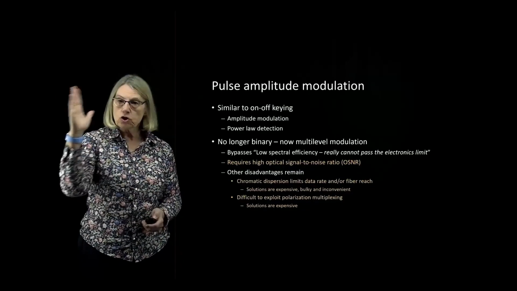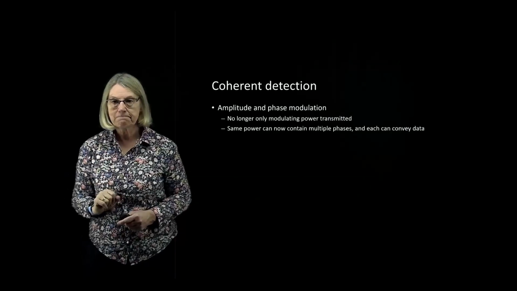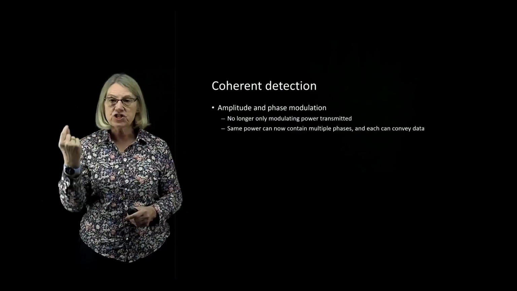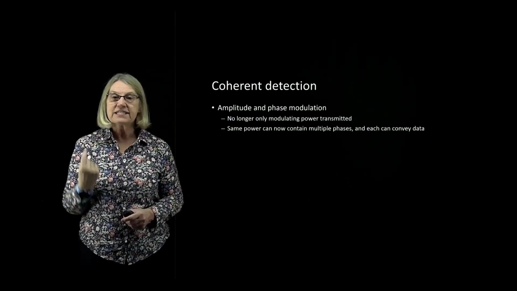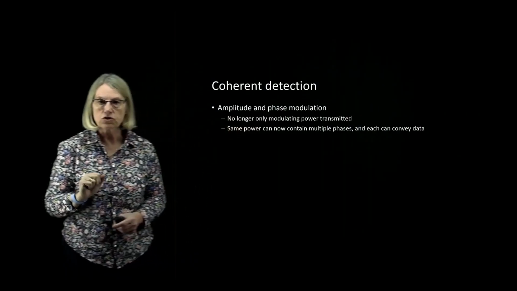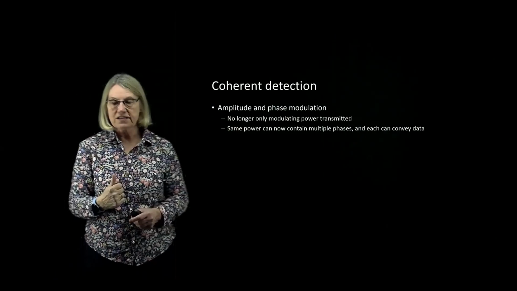So we've taken a look now at direct detection. Let's look at coherent detection next. In coherent detection, my strategy in modulation at the transmitter side is not just to play with amplitude, but to also play with the phase of the signal, to encode information both in amplitude and in phase.